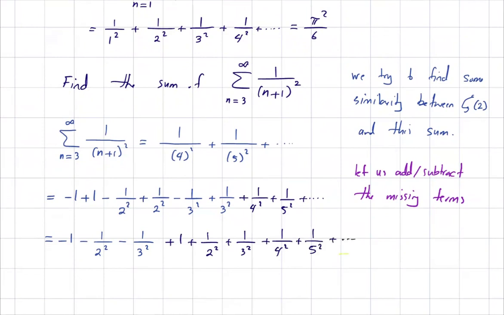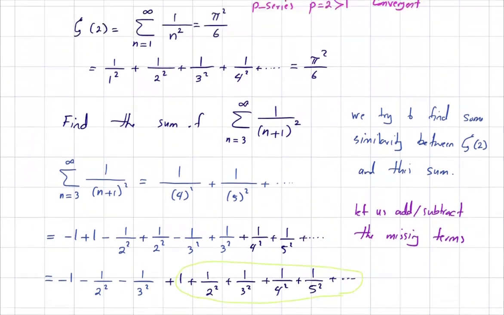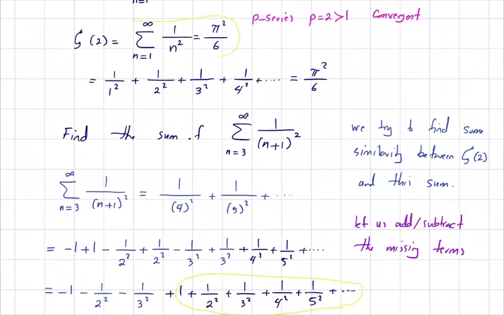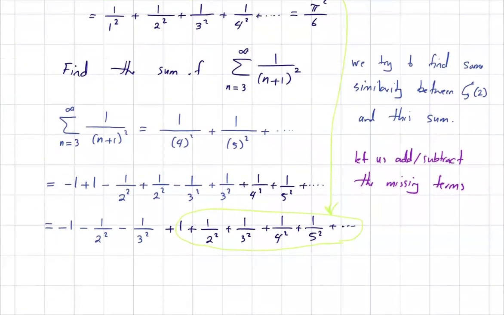So this summation here is nothing but zeta 2, which is pi squared divided by 6. We're going to use this just right here. Copy down the rest of the terms that we had to add and subtract.